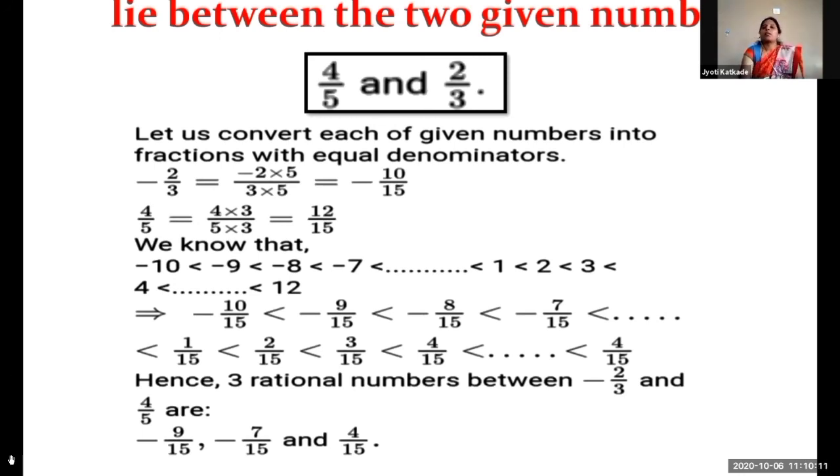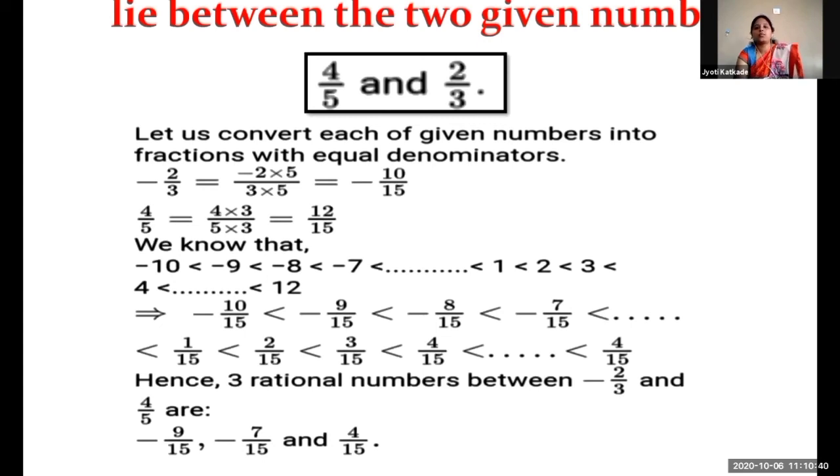Okay. When we take the denominator, we get numbers in between -10 upon 15 and 12 upon 15. Which numbers are there? -9 upon 15, -8 upon 15, -7 upon 15. In this way, 0 upon 15, then 1 upon 15 up to 11 upon 15.